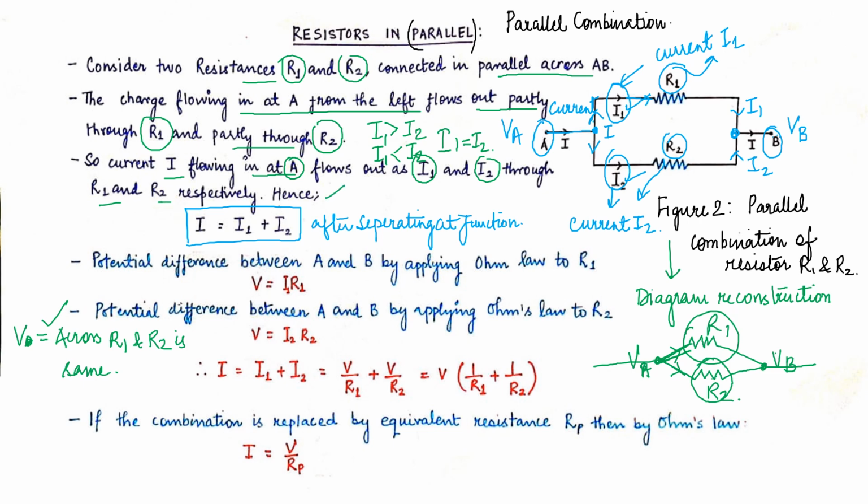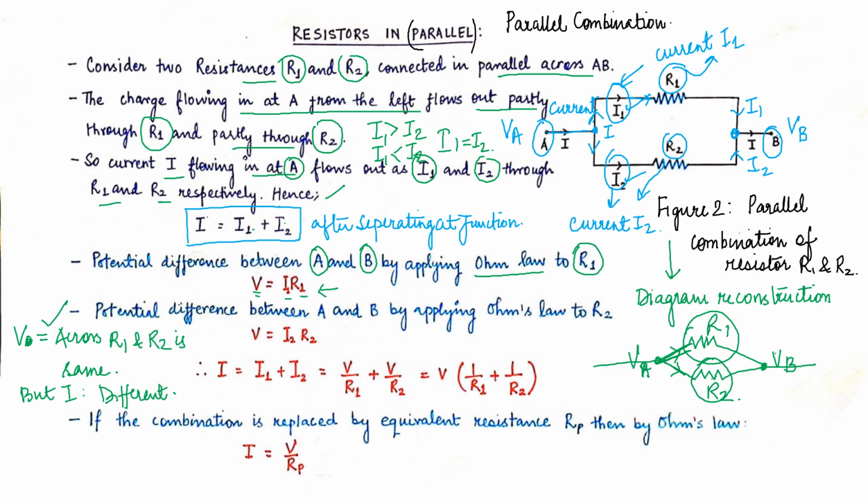Hence, it is right to say that I equals I1 plus I2, or we can say that I1 and I2 are partial components of the overall current flowing through the circuit, that is I. Potential difference between A and B by applying Ohm's law is given by V equals I1 R1 across the resistor R1, because here V is the same but current is different.